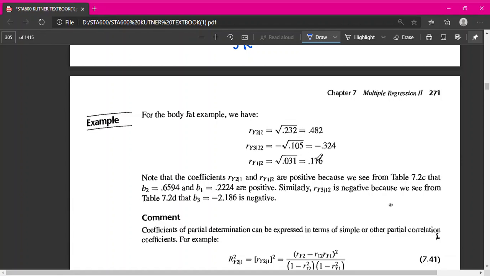Okay, so that is how to determine whether your sign of the coefficient of the partial correlation is positive or negative. Alright. So that's all untuk extra sum of square.